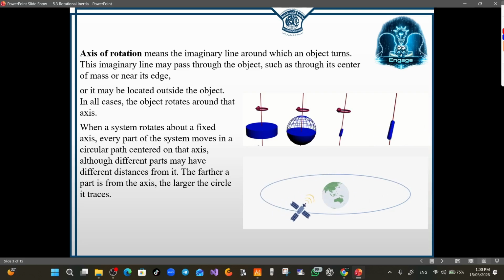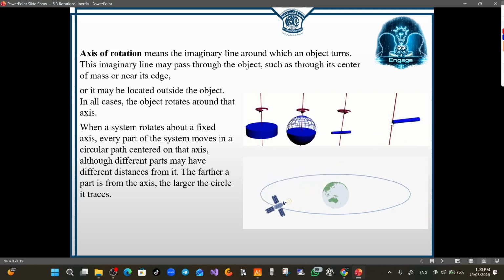When a system rotates about a fixed axis, every part of the system moves in a circular path centered on that axis. Although different parts may have different distances from the axis of rotation, the farther a part is from the axis, the larger the circle it traces.